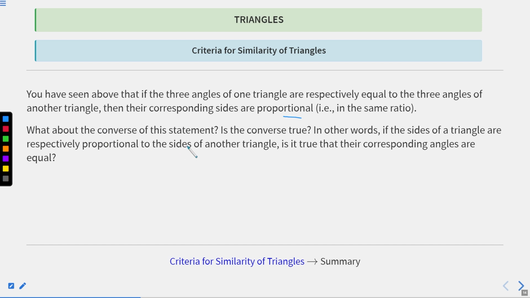That is, if their corresponding sides are in the same ratio, then it implies that their corresponding angles are also equal.